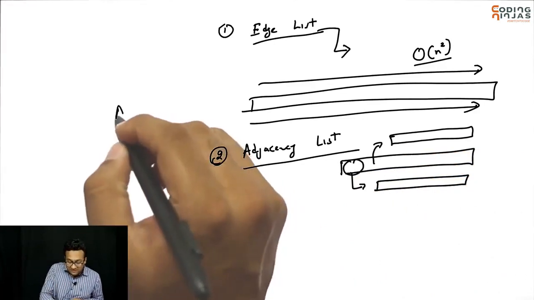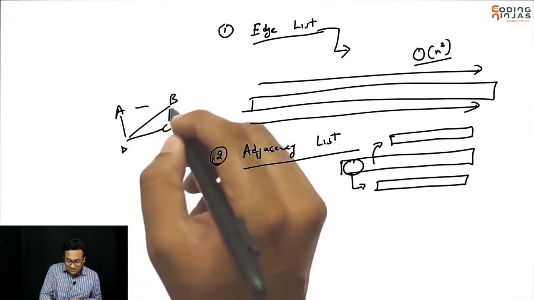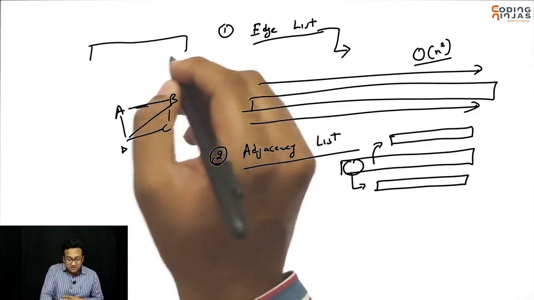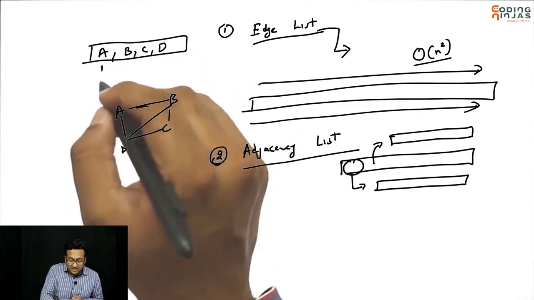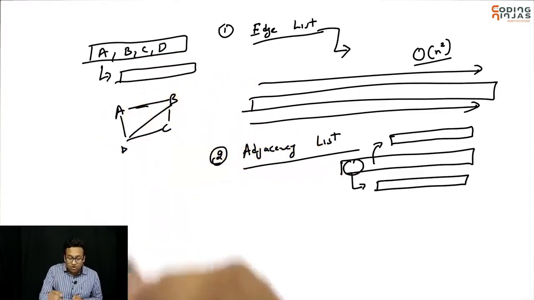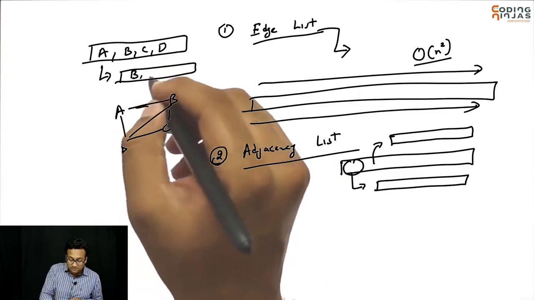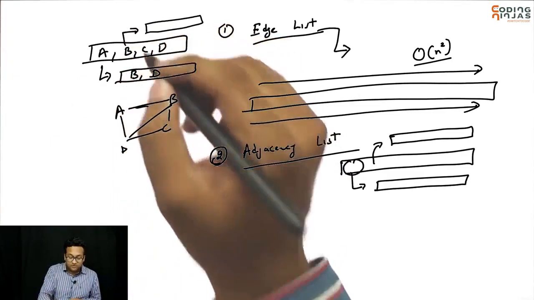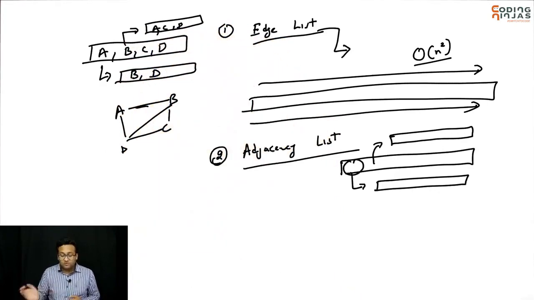So if my graph is like this, let's say this is my graph, then I'll have this list of vertices which is A, B, C, D, and A is going to store who all A is adjacent to. So A is adjacent to B and D. B is going to store who B is adjacent to. So B is going to store A, C and D, all three of them, and so on.